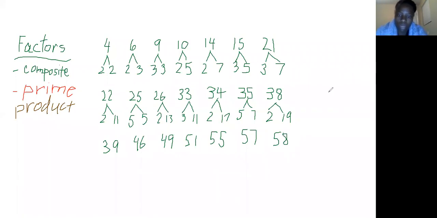Okay, so I'm going to pause here and see if you can do this next set of composites.